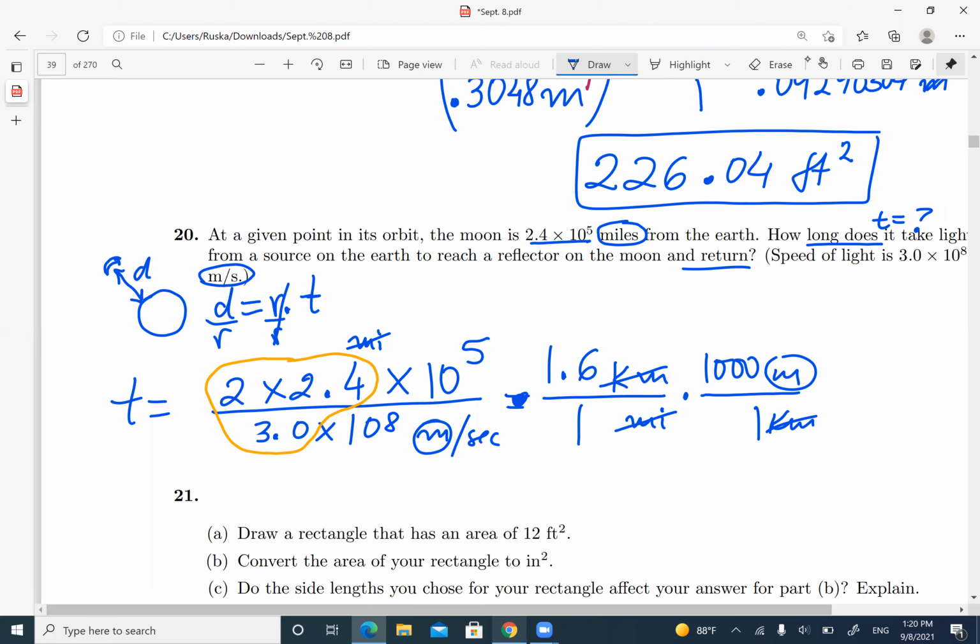Everybody understand that? So here, when I multiply these three, the yellow numbers, they're 1.6, right? So I have 1.6 times 1.6 times this 1.6.